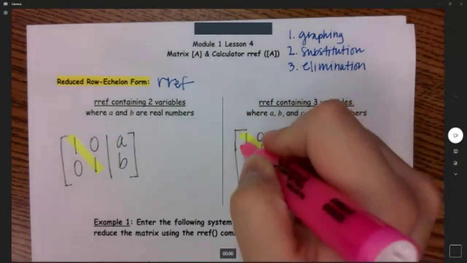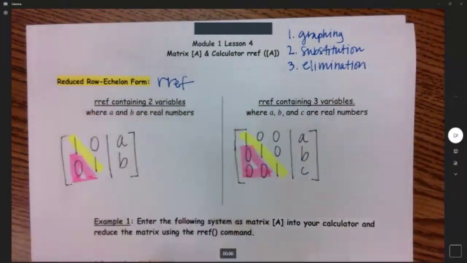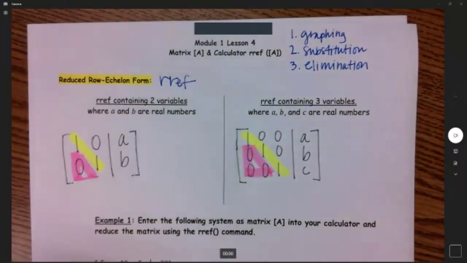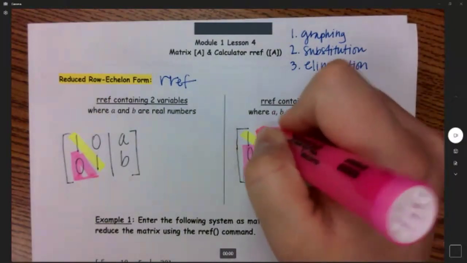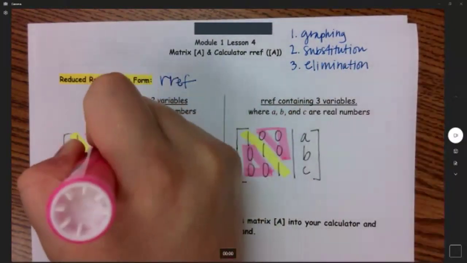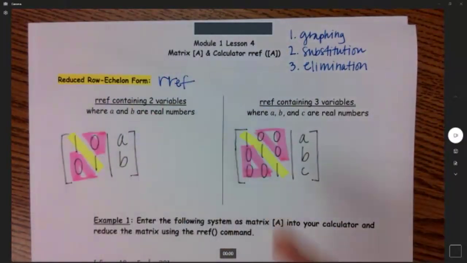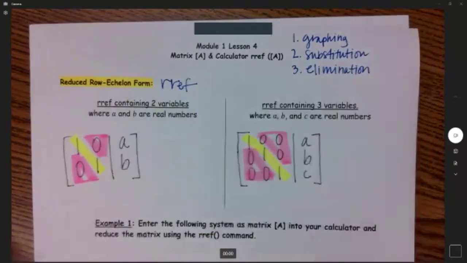We are looking for everything below that diagonal to be zeros. And in row echelon form, that's all we were looking for. Everything else could be numbers. But now we're going to take it a step further, and we want everything above that diagonal to also be zeros. So we want a row of diagonals, and then everything below and everything above to be zeros as well.